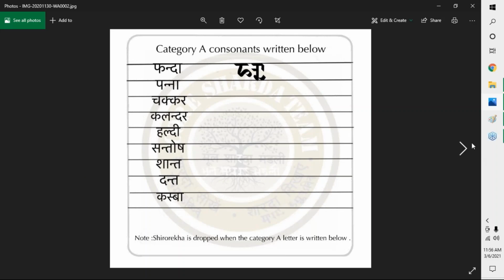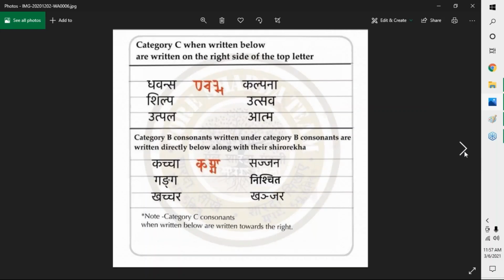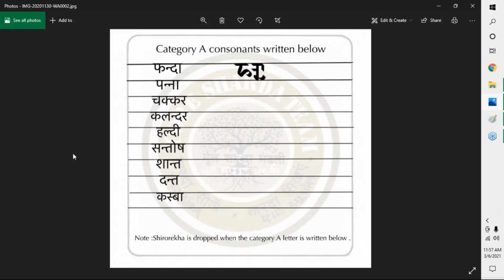And today's material, the chart, will be shared in the reference material folder. All the charts will be shared, and you can pick up the letters, and as sir said, you can make your own words. Otherwise, this particular chart of the words will also be shared in the reference material folder.